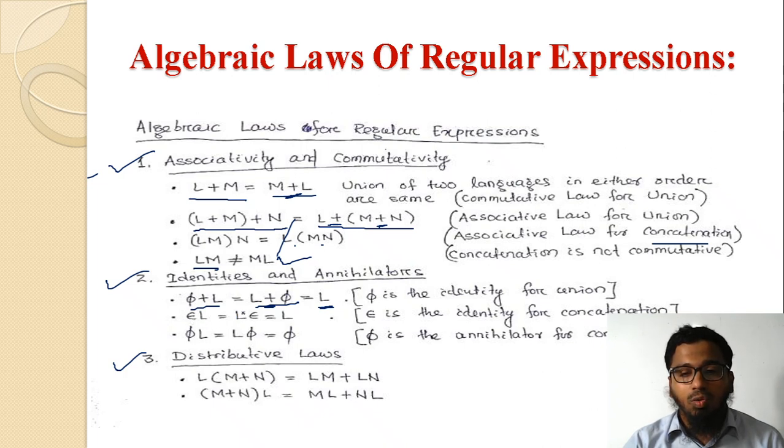Epsilon L is equal to L epsilon is L. So epsilon is the identity for concatenation. Phi L is equal to L phi is phi, the annihilator for concatenation.